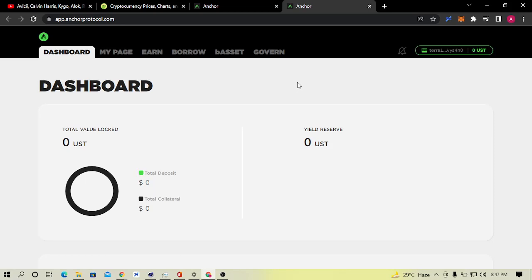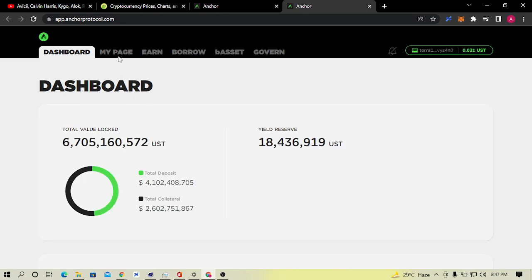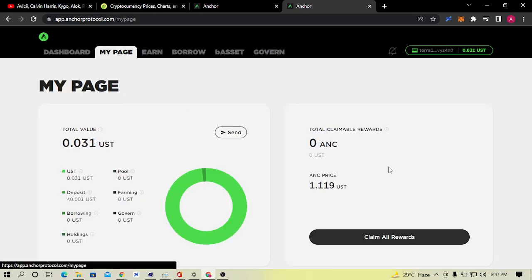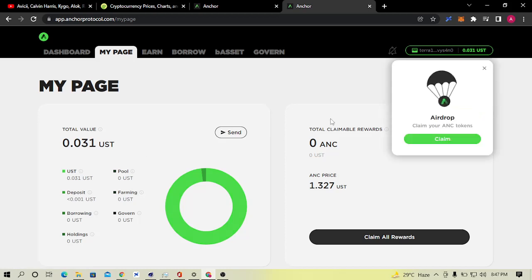While it loads, Anchor protocol allows you to stake your money and, read what is here, claim all rewards. So just from staking my UST, don't forget, this is a utility token and it's a platform token also, I'm eligible to claim rewards.